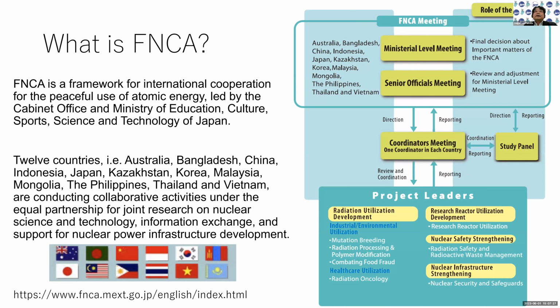Twelve countries, India, Bangladesh, China, Indonesia, Japan, Kazakhstan, Korea, Malaysia, Mongolia, Philippines, Thailand, and Vietnam, conduct collaborative activities under the core partnership for joint research on nuclear science and technology, information exchange, and support for nuclear power infrastructure development.